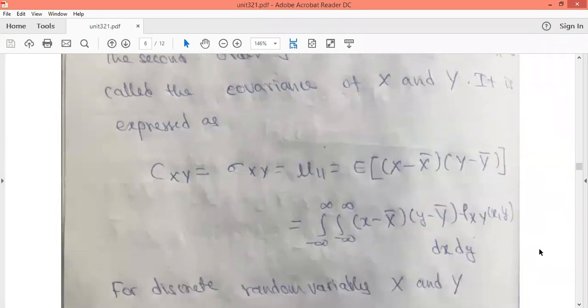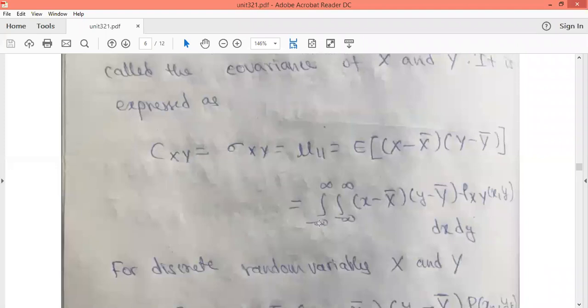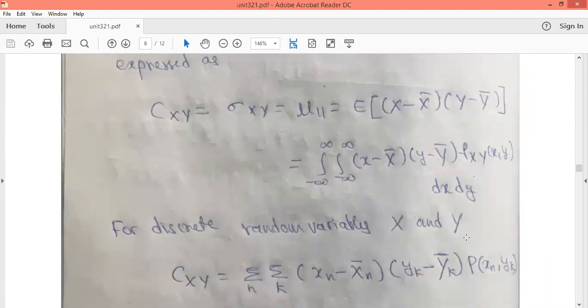The formula we have just discussed is integral from minus infinity to plus infinity, integral from minus infinity to plus infinity, (x minus x bar) into (y minus y bar) fxy of x comma y dx dy. This is the formula to find out cxy, which is called covariance.